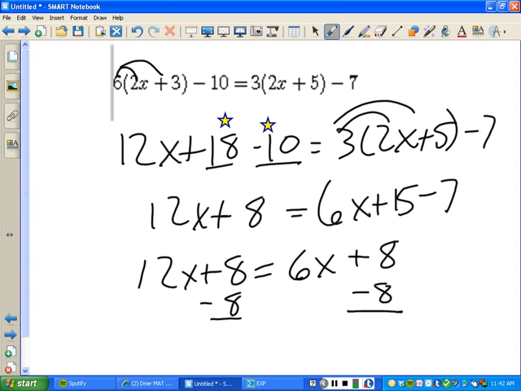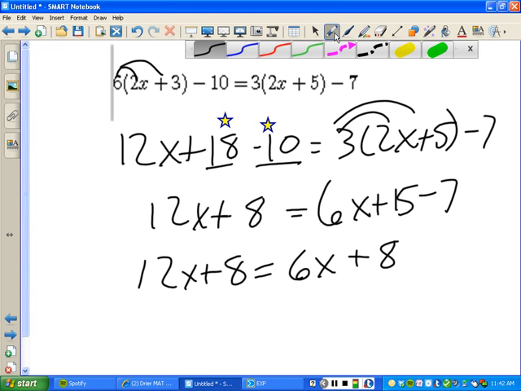It is late at night, you are in a dark alley, and you turn around and your friends are gone. Because you got 12x equals 6x, and you know you are screwed right there. You have no idea what you're supposed to do other than cry. Do not subtract the 8 first. It's never a good idea. Always deal with the letters first. Not that it makes a difference, but it's easier to deal with the letters first.